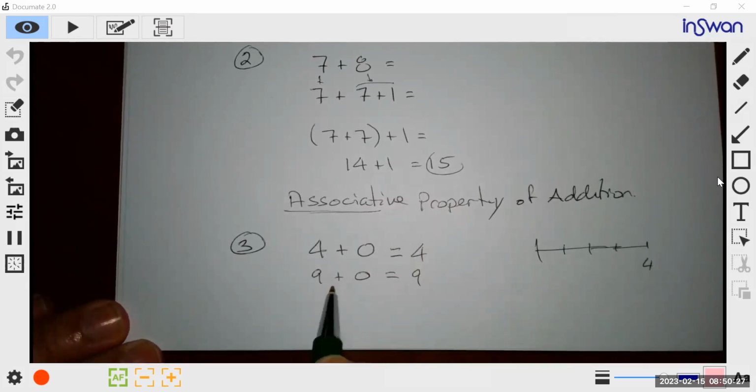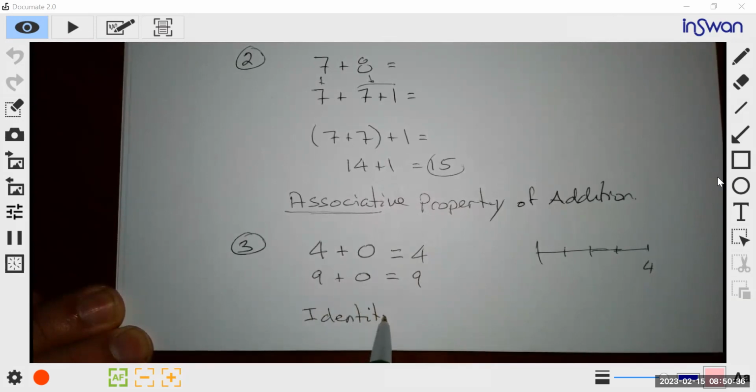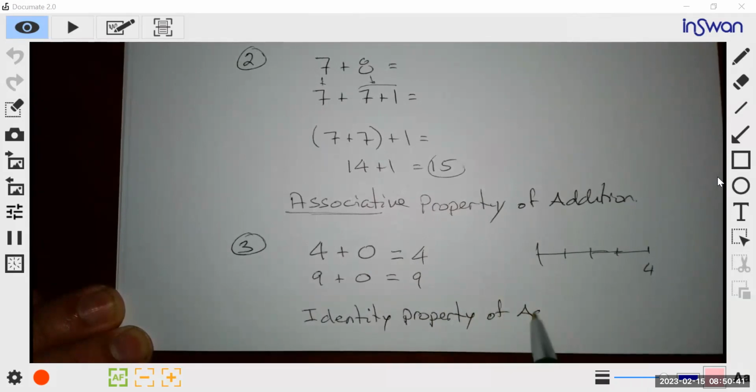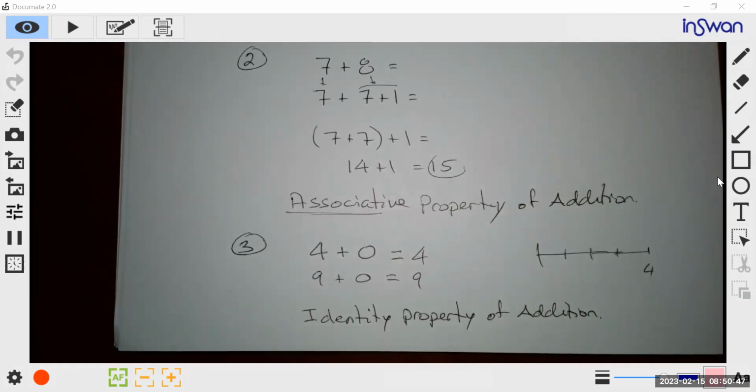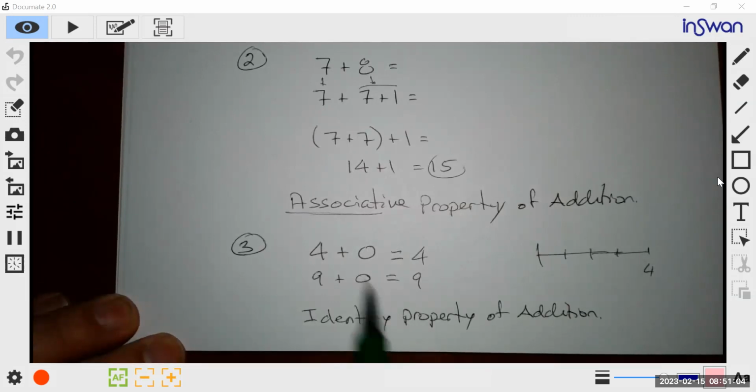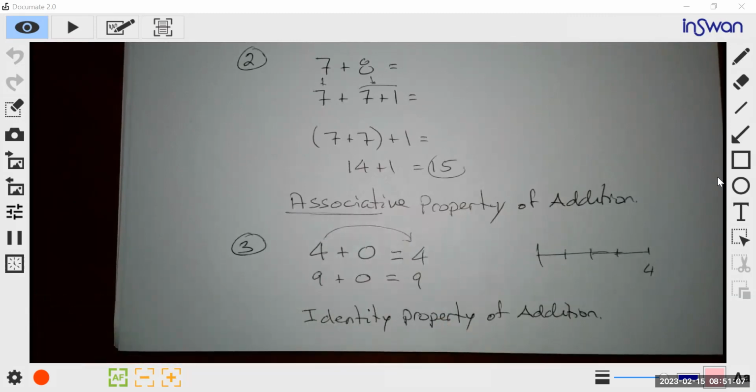Yeah, so anytime you add 0 to a number, it doesn't change it. That's called the identity property of addition of whole numbers. Why is it called the identity property? Because 4 keeps its identity. It doesn't change.